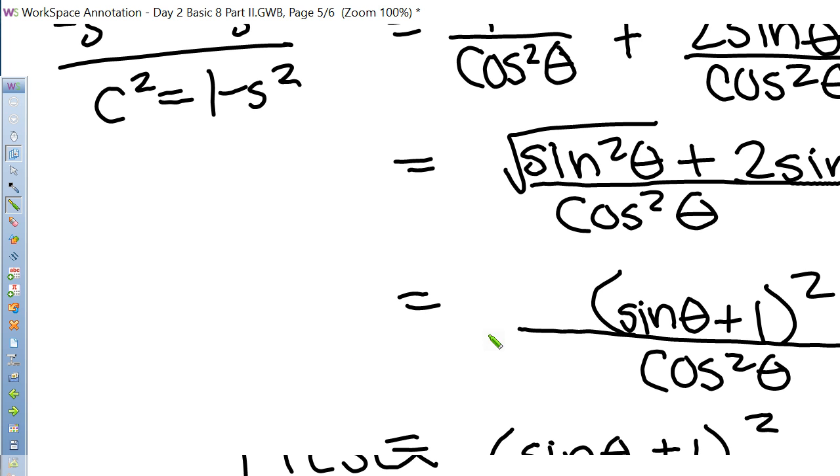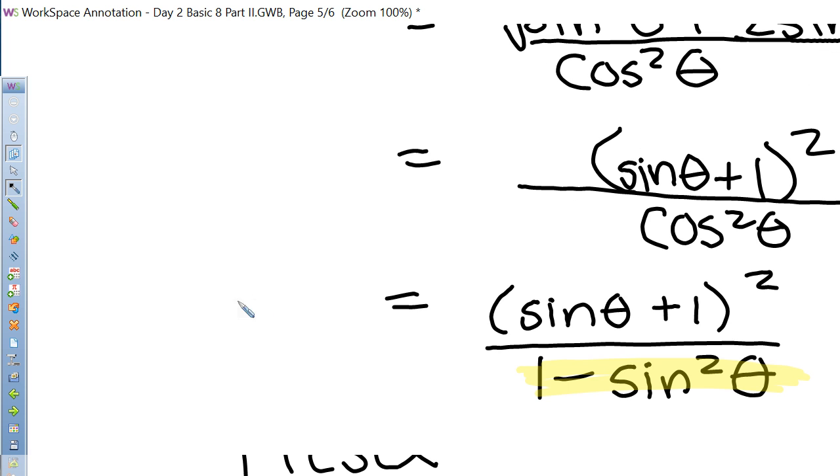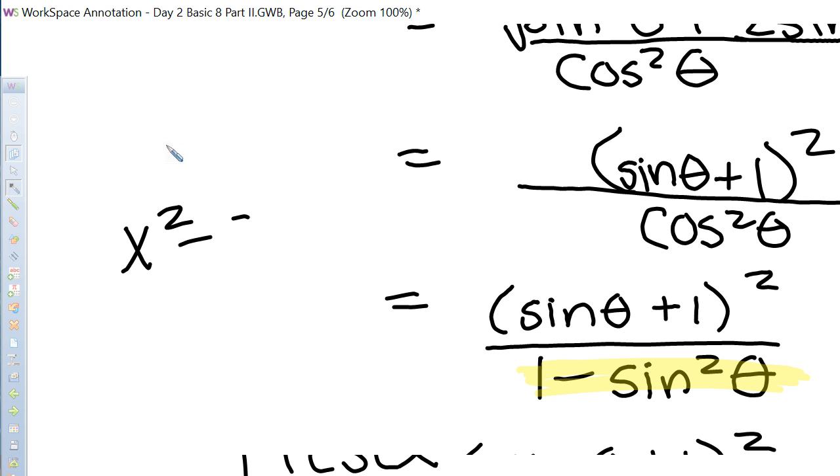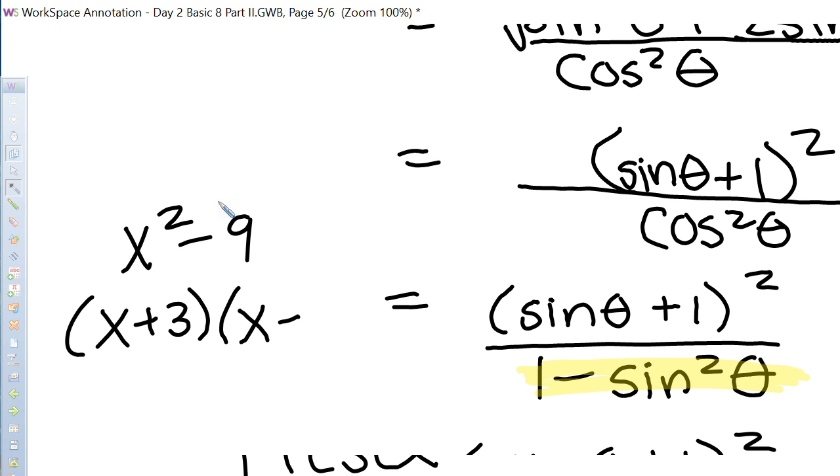So down here in the denominator, 1 minus sine squared, what is that called when you're factoring? A difference of squares. Remember if you have something like x squared minus 9, you would have x plus 3, x minus 3, right? Same principle here.